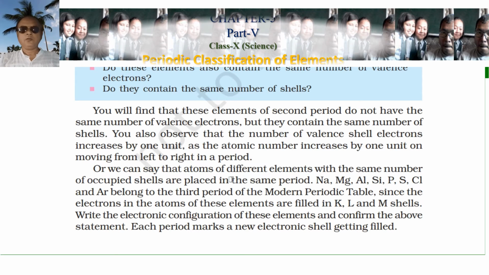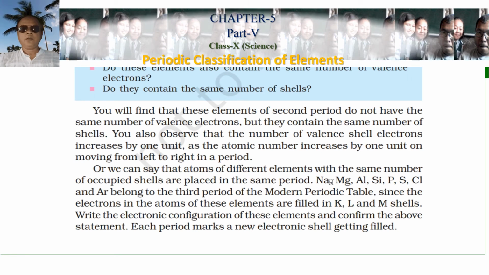Or we can say that atoms of different elements with the same number of occupied shells are placed in the same period. For example, sodium, magnesium, aluminum, silicon, phosphorus, sulfur, chlorine are in the same period. Let us see the periodic table again.